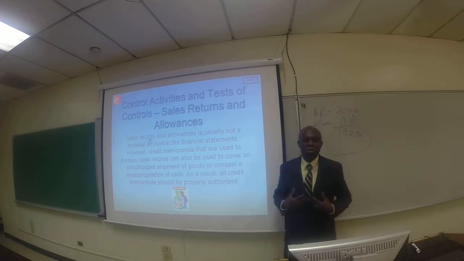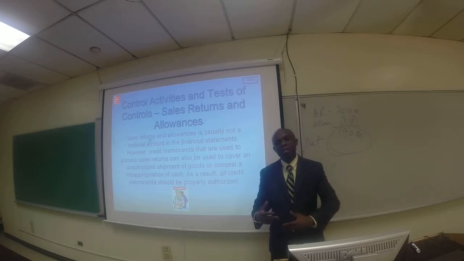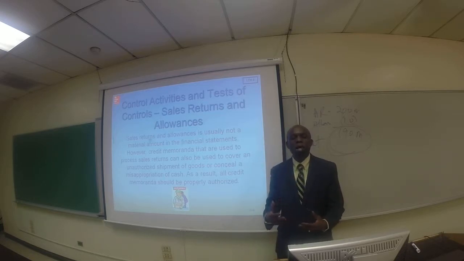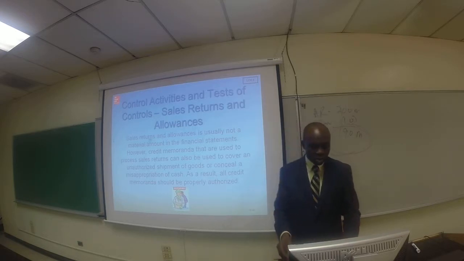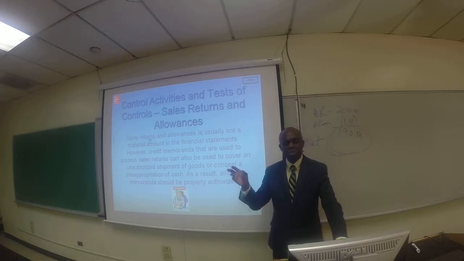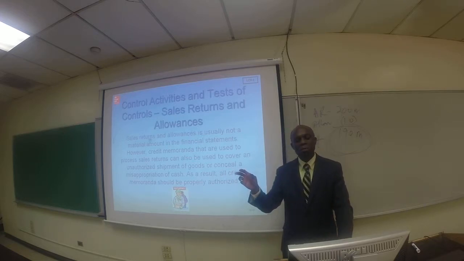As auditors, the question is, what are the control activities relative to ensuring that sales returns and allowances are properly recorded. So we can actually test one of these. One important control here is all credit memorandum has to be authorized.